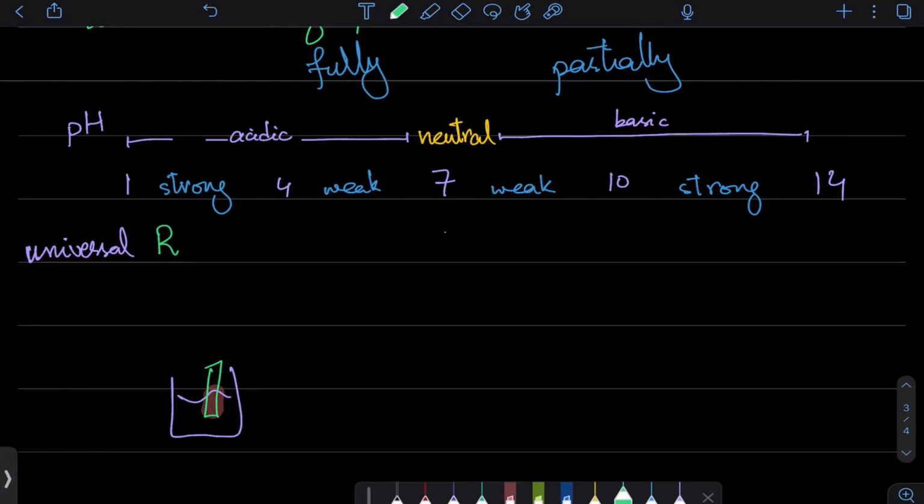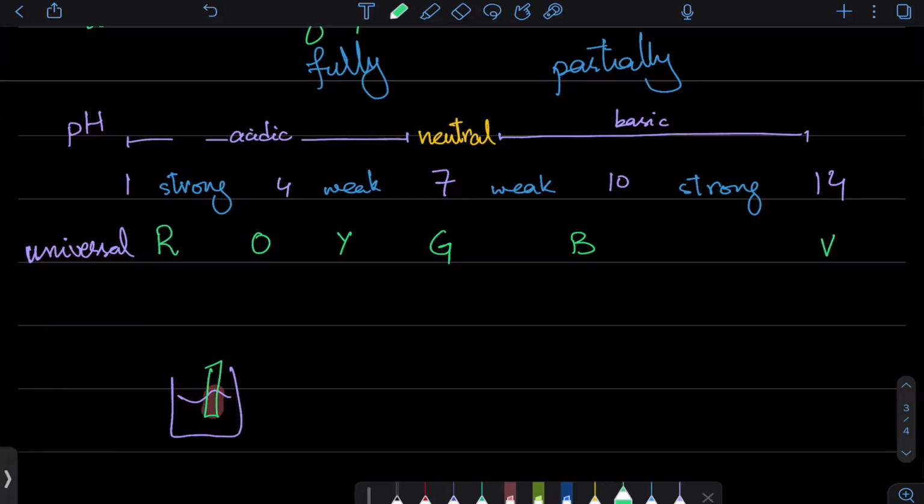The pH is 7, the color will be a green. The pH is 14, it's a deep purple or violet. And then, of course, the colors are the rainbow colors. So orange, yellow, green, blue, indigo, violet, all of that. And based on this, we can easily figure out what the pH is.